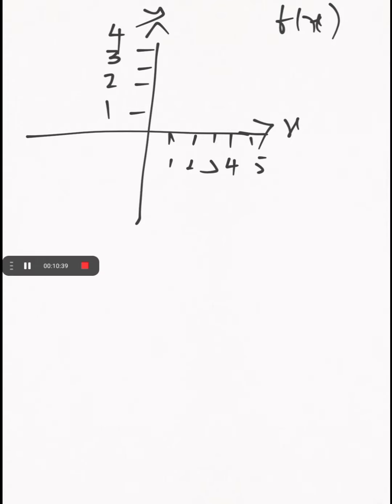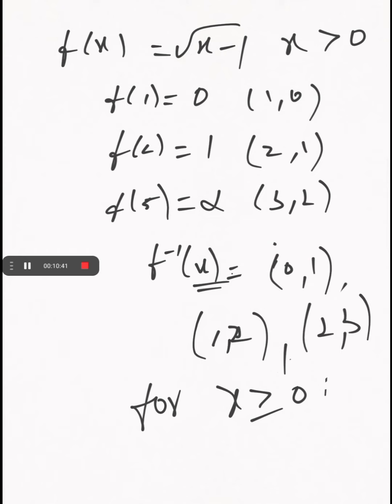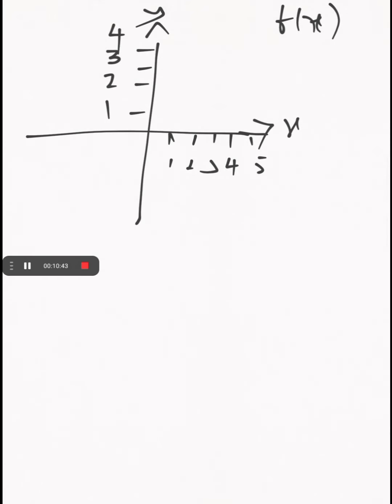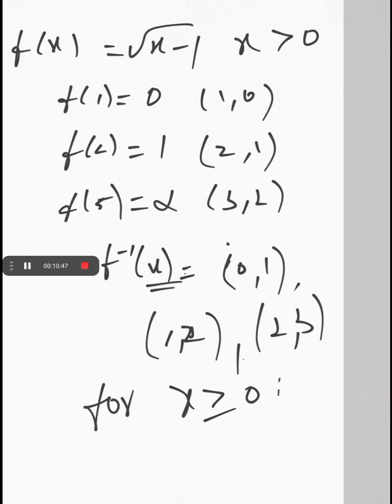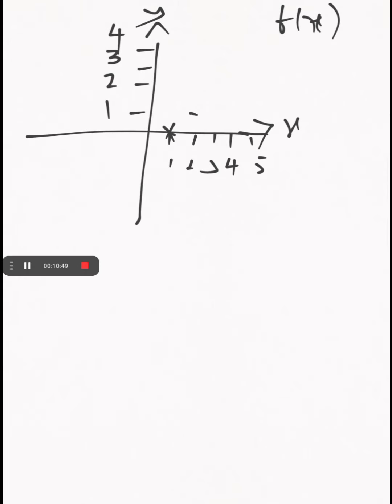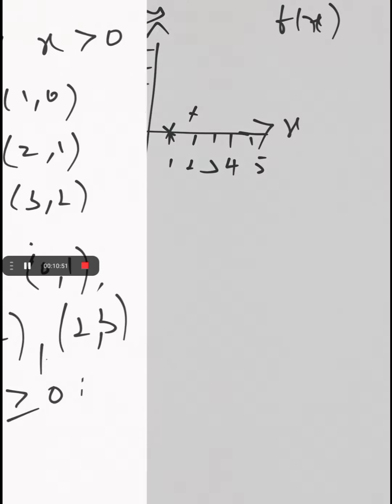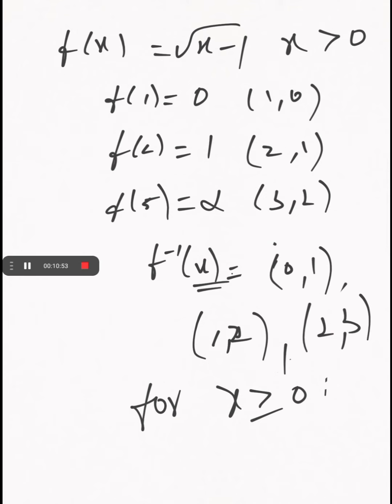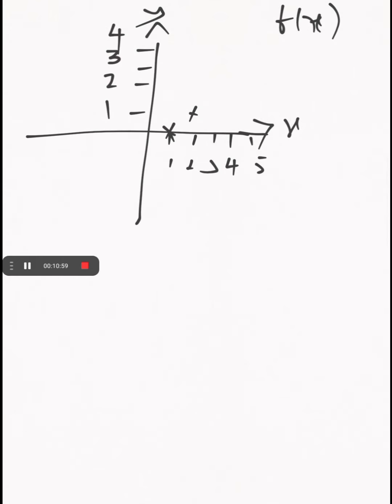Here we plot the points. First point is 1, 0. That means come here. Next one is 2, 1. Then 5, 2. The graph must be like this curve.